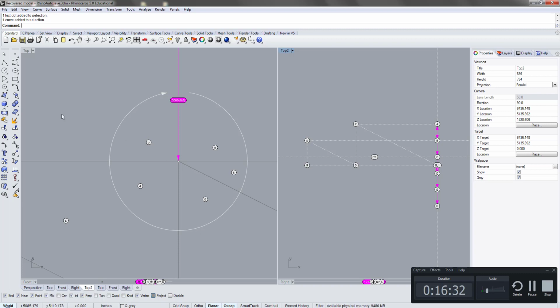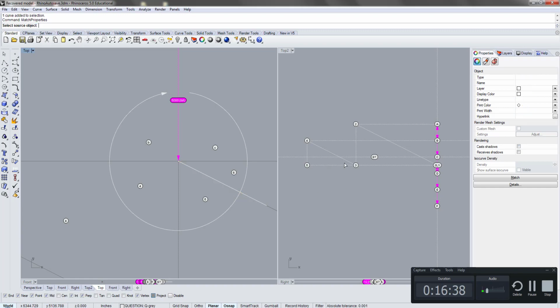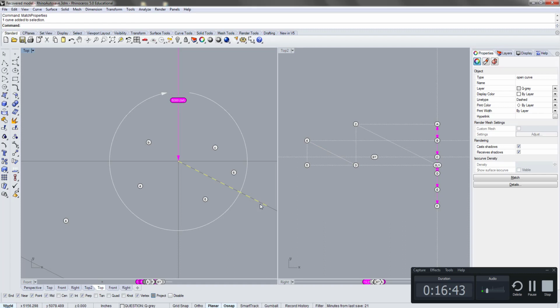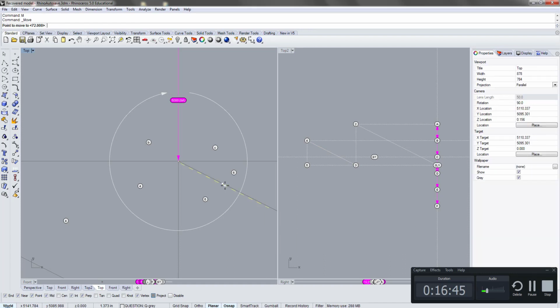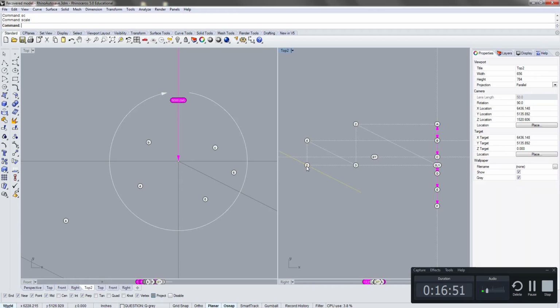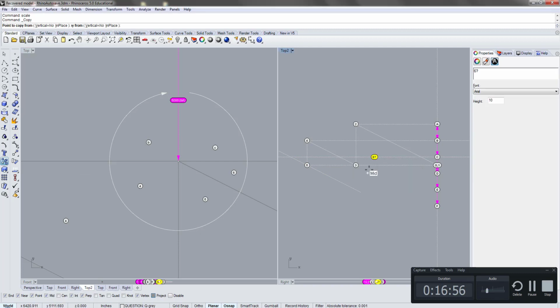We also have this diagonal 6, 5, right? So that's going to pass through point 5, which we know is here. And 6 is also on this diagonal.